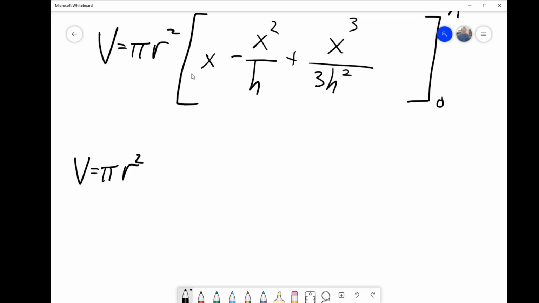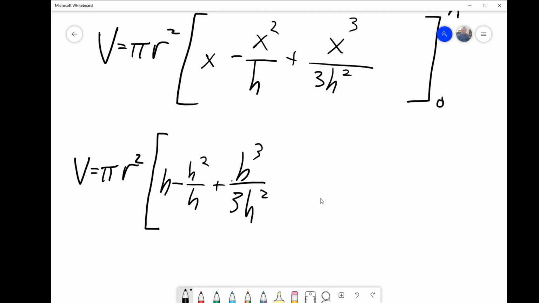pi r squared. Now, we evaluate these between 0 and h. So first we substitute h into all of these. We get h minus h squared over h plus h cubed over 3h squared. And then we subtract the values once x is 0. We see here that the first term is h, and h squared over h simplifies to h.